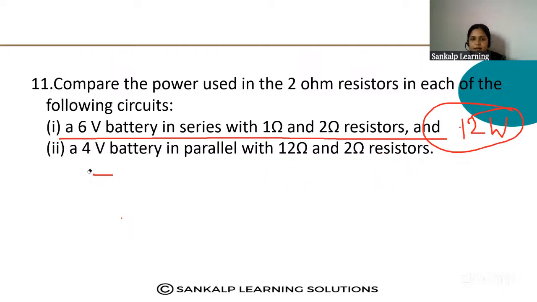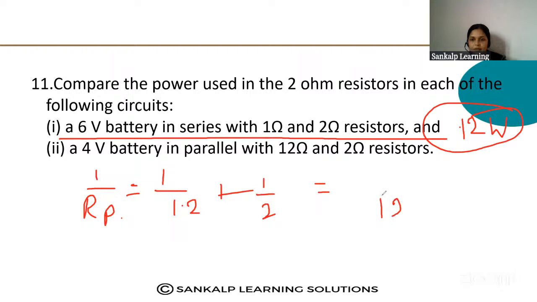When they are connected in parallel, here 1 by 12 plus 1 by 2, 1 by Rp is equal to, so here 12 divided by 1 plus 6, that is equal to 12 by 7.